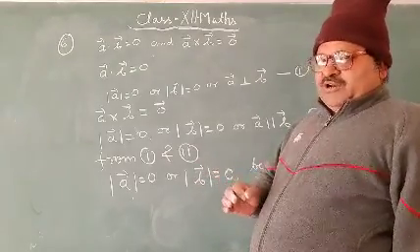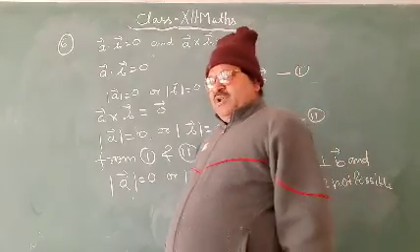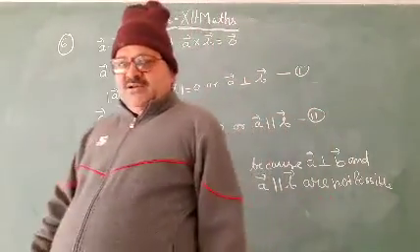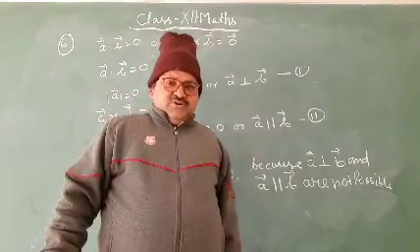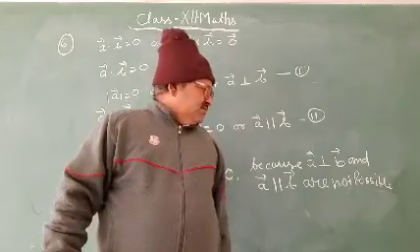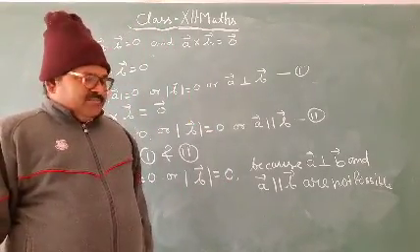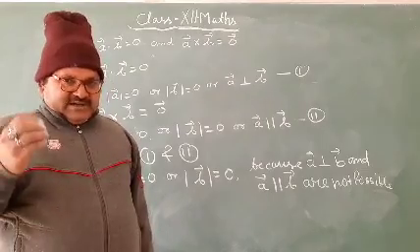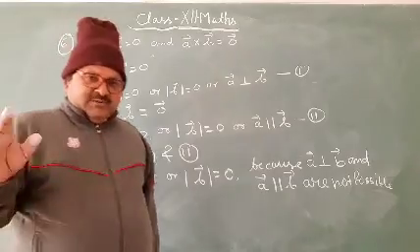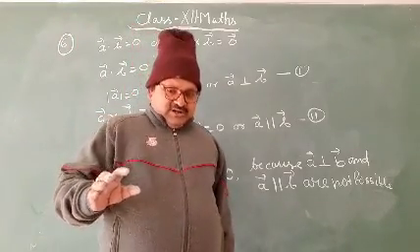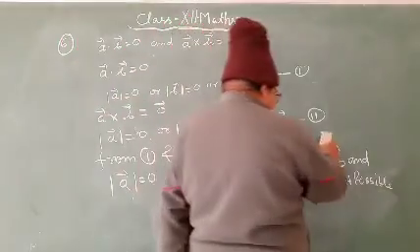In the dot product they are perpendicular, but in the cross product they are parallel, so both together are not possible. Clear? Okay. Next question.